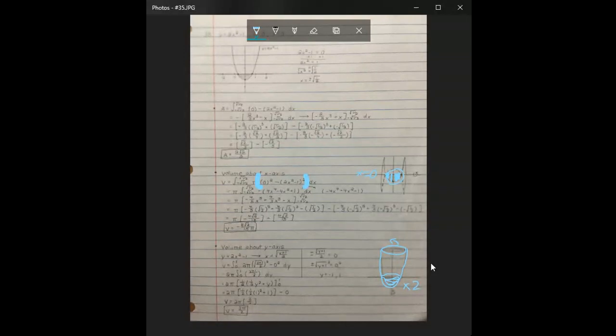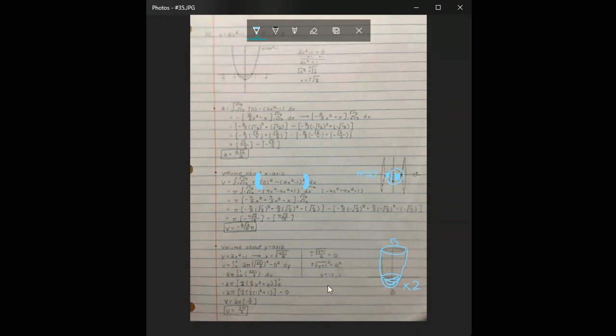Only the lower part, the solid one. So do you think we need to multiply by 2? I guess not. No, we don't need to multiply by 2, right?